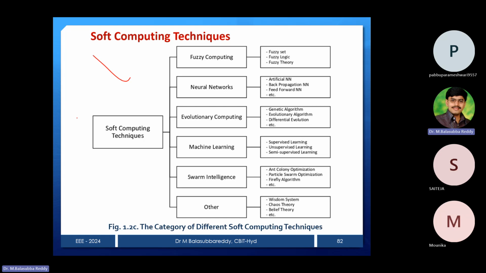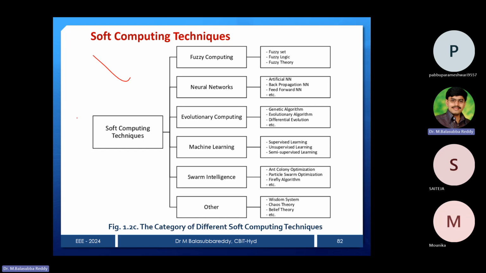And evolutionary computing, in that, as I showed you in the previous slide, majorly we have genetic algorithm, evolutionary algorithm, and differential evolution, DE. In our case, the second unit itself is genetic algorithm, and another unit will go for DE and PSO, like that. We are going to elaborate each algorithm, whether it is an evolutionary algorithm or a swarm algorithm or anything.